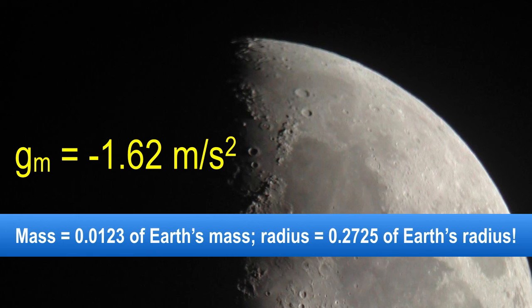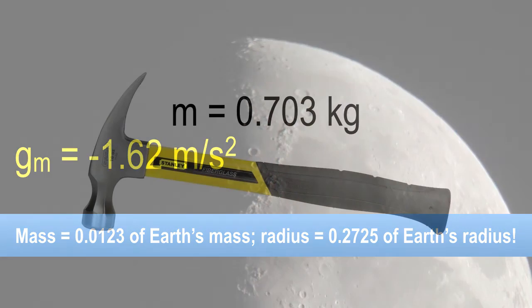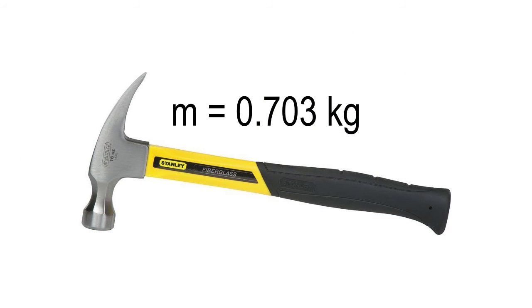And if you work out all the figures, with Newton's constant G, m1, m2 over r squared and all that stuff, you can figure out that the acceleration due to gravity at the surface of the moon is negative 1.62 meters per second squared.